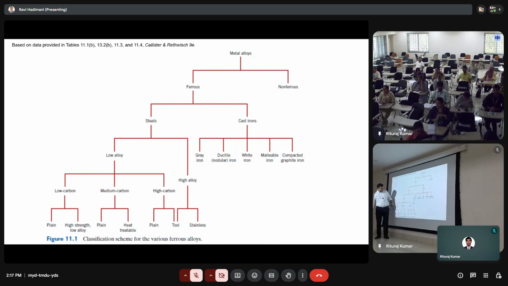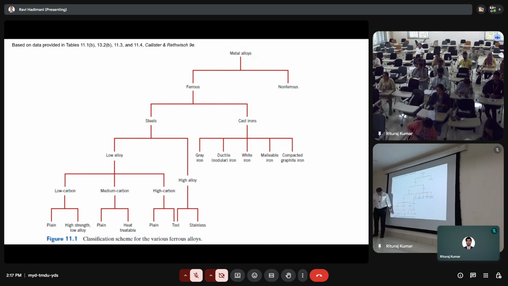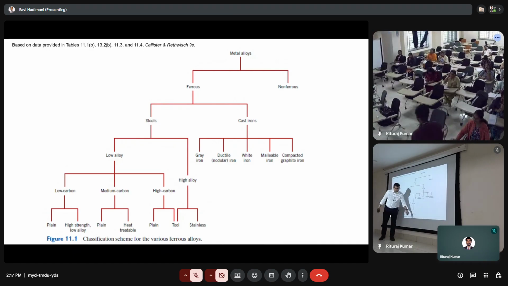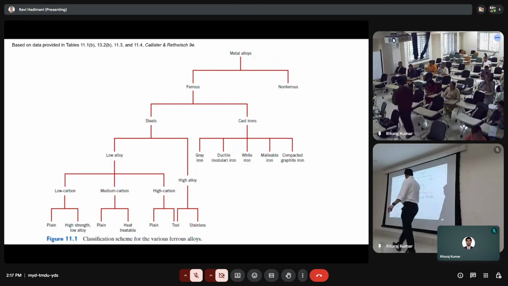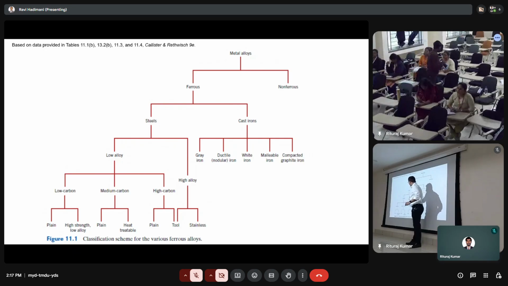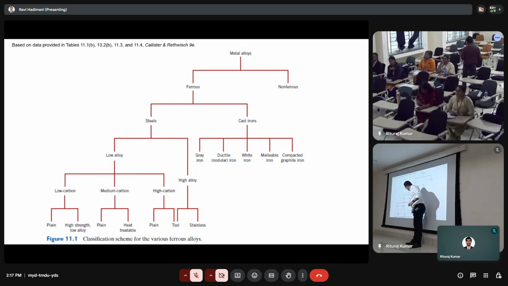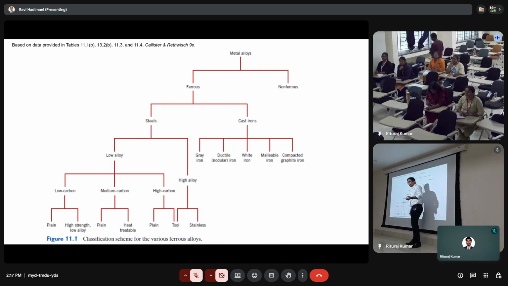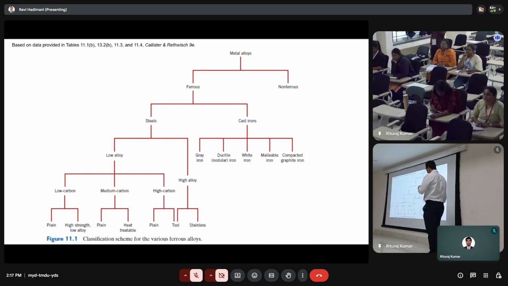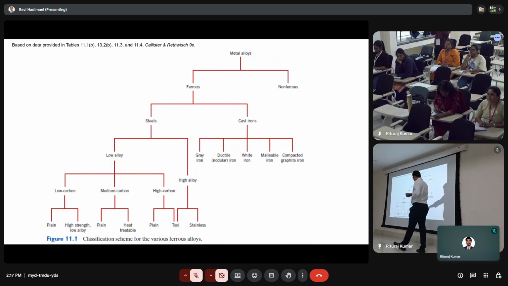And then within your composition, your thermal treatment determines whether it is heat treated or high strength or stainless steel. I think stainless steel is not just in high strength alloys. You have stainless steel because you have additional elements in the steel. In iron and carbon, you add something else to get stainless steel. And these are useful for tools.